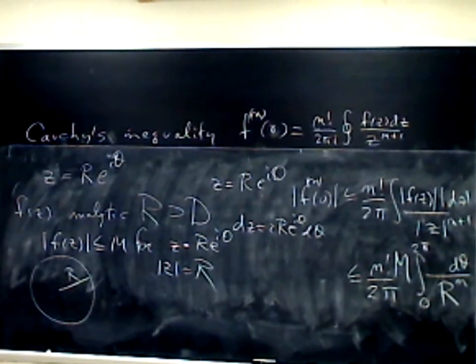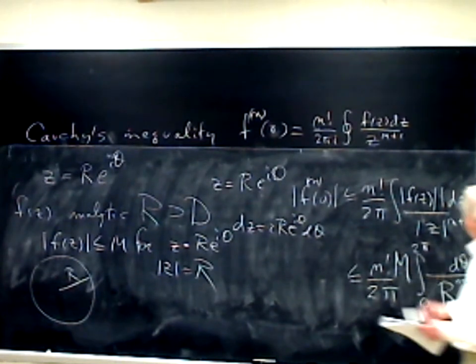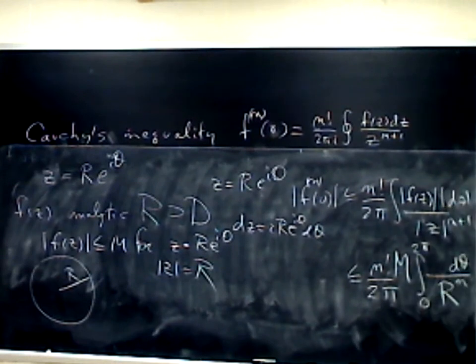Well, that means that the conditions for Cauchy's inequality are satisfied, and consequently, the nth derivative of this function at 0 is less than or equal to n factorial M over r0 to the n.